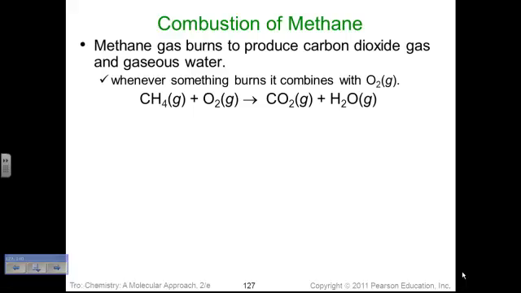Methane is natural gas. It heats our homes, perhaps lights your stove, runs your dryer, your furnace. Methane, natural gas, is CH4. As a gas, the little g is representing its state of matter. When it burns, it uses or consumes oxygen. Now oxygen, if you remember, horses need oats for clear brown eyes.